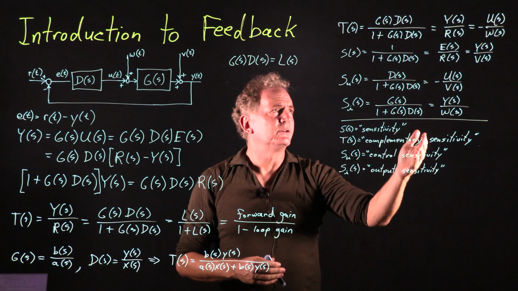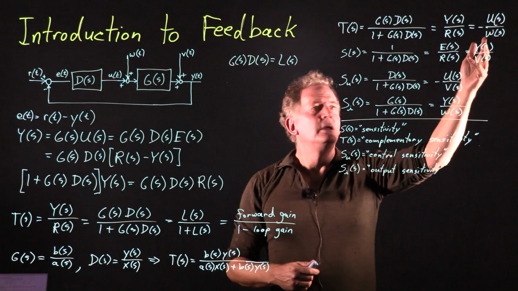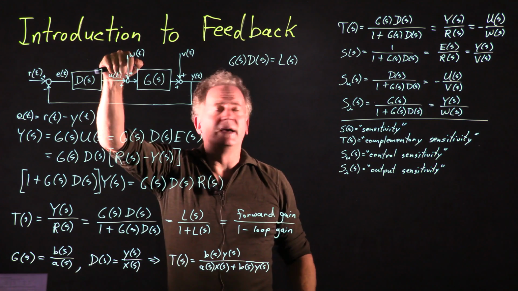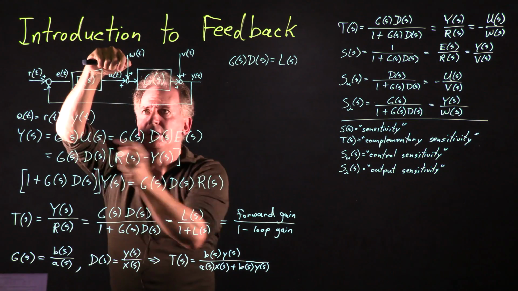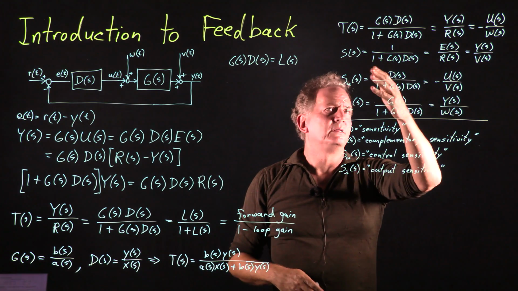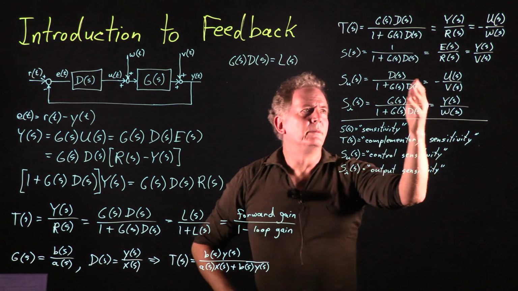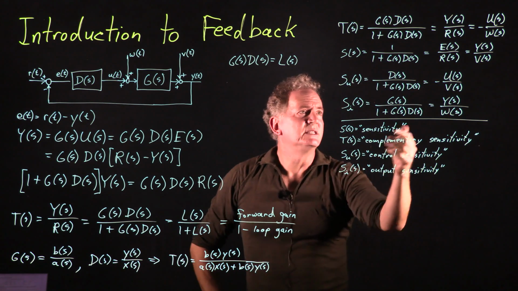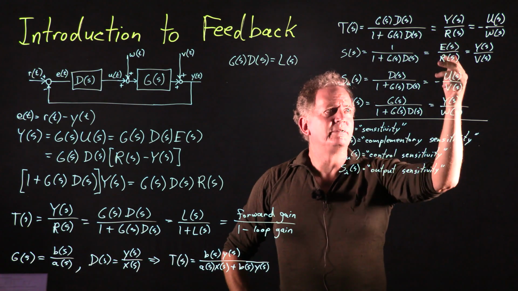We have other transfer functions, for instance, from the input w of s to the control signal u of s, and the sensitivity, called the sensitivity of E of s to R of s.